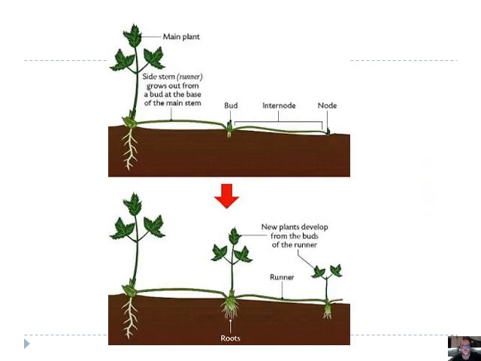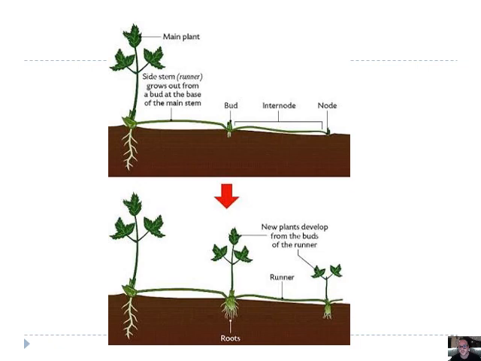Then we have this bad boy over here. I know that strawberries do this, and in this instance, this isn't this plant here, but if you guys know of the spider plant or hen and chicken, they do this quite often, where they grow these little side stems or runners, and these grow further away from the parent plant or the main plant.